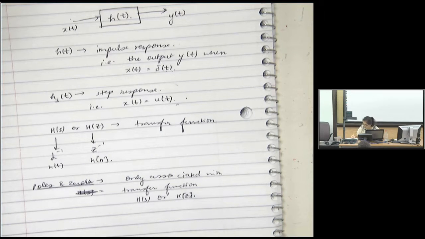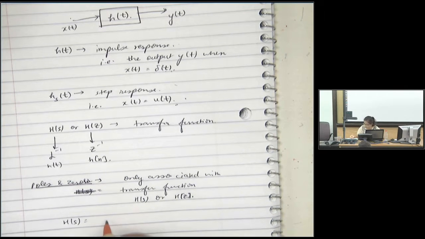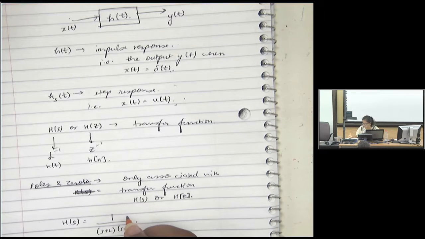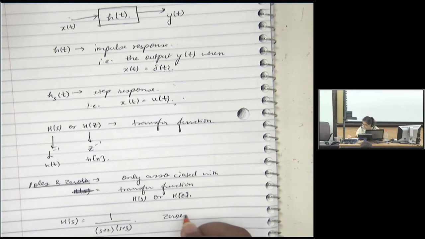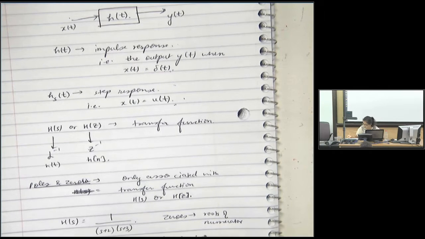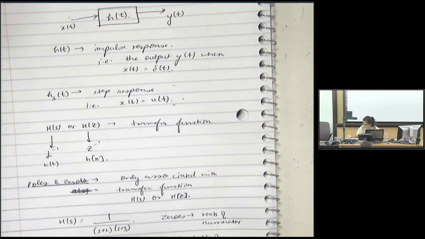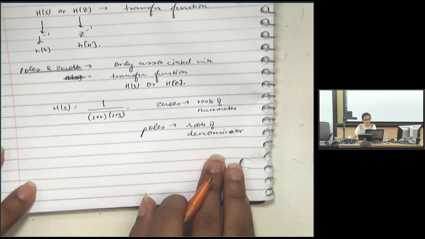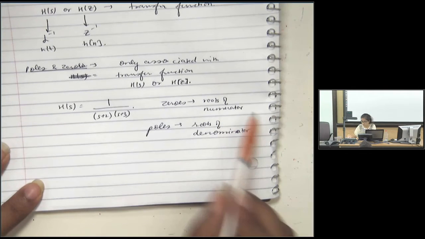Let's say that we have h of s equal to 1 over s plus 2, s plus 3. Very simple example. Zeros are the roots of your numerator, and poles are the roots of your denominator. So zeros, roots of numerator; poles, roots of denominator.